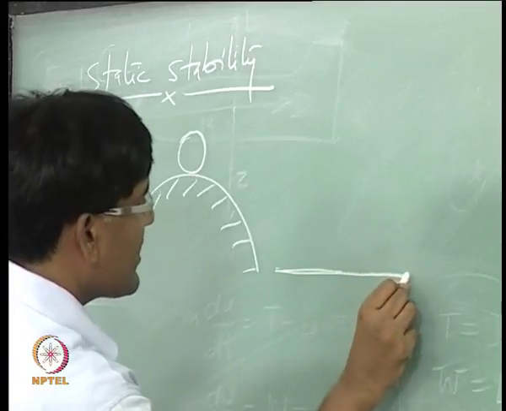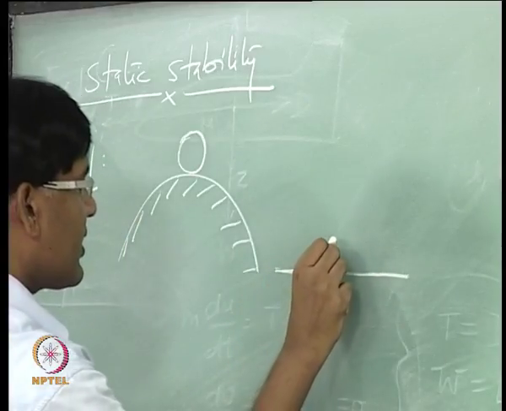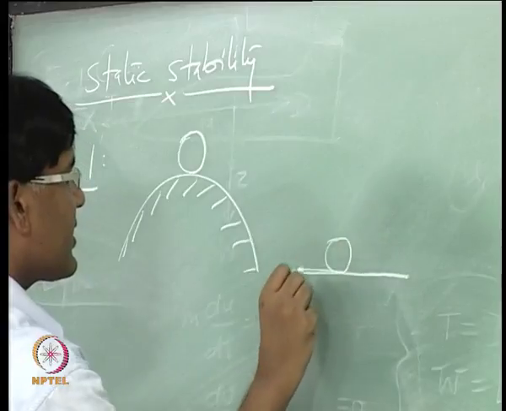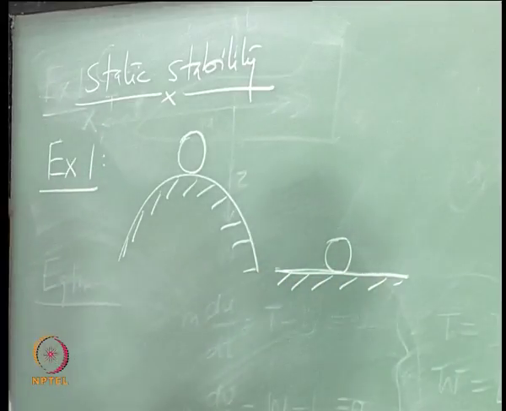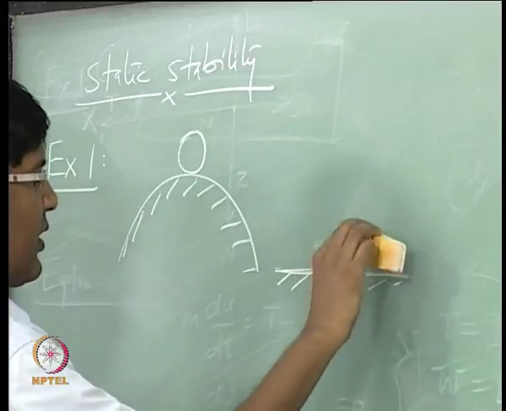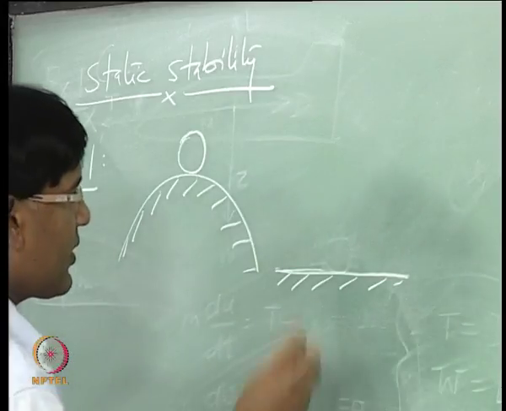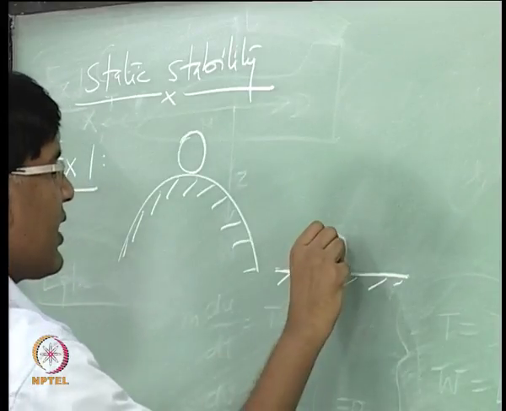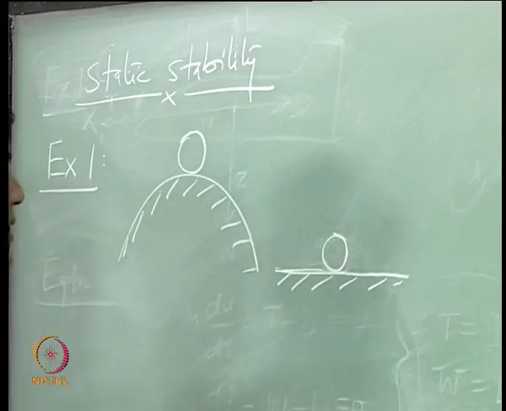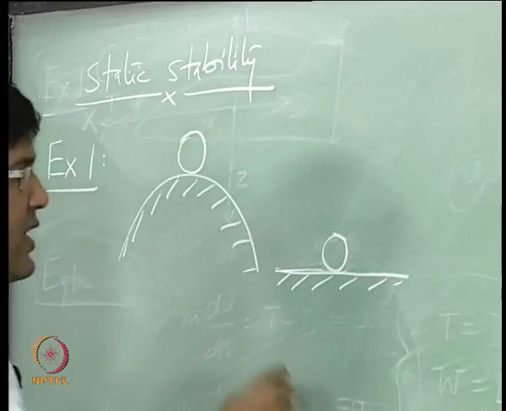There is another situation when this surface is now flat, and the ball is sitting at this position. So, this position is a static position of rest or equilibrium position of rest.